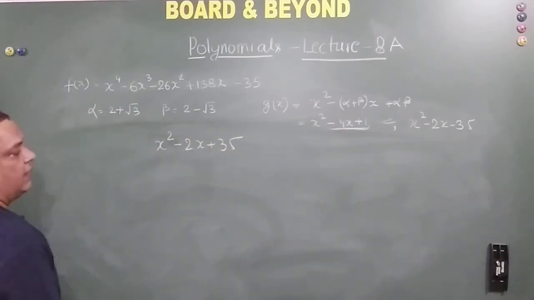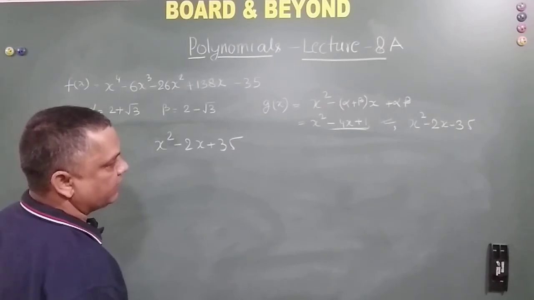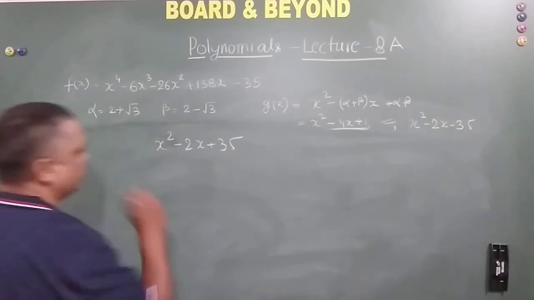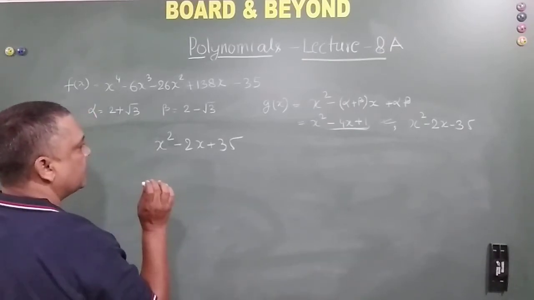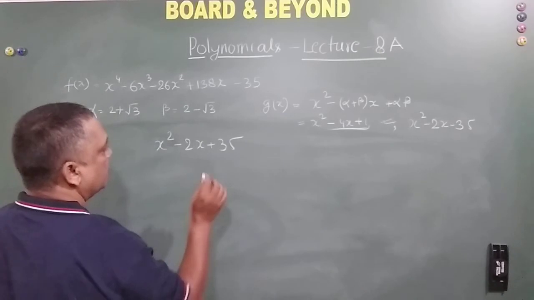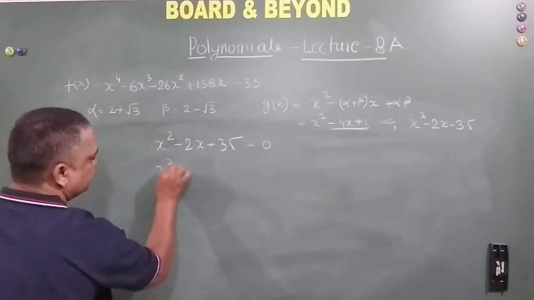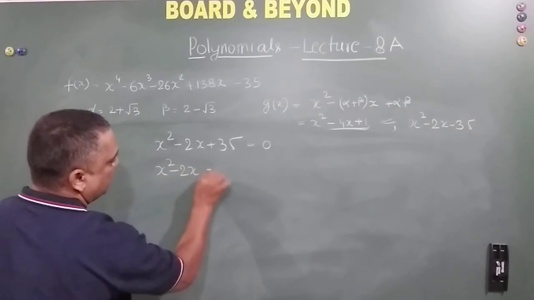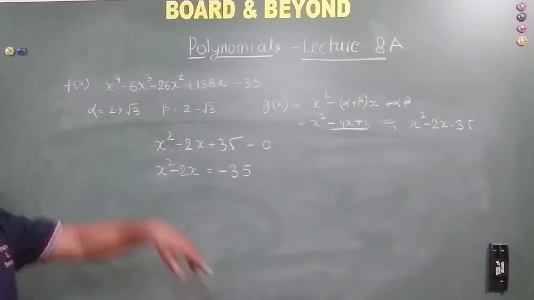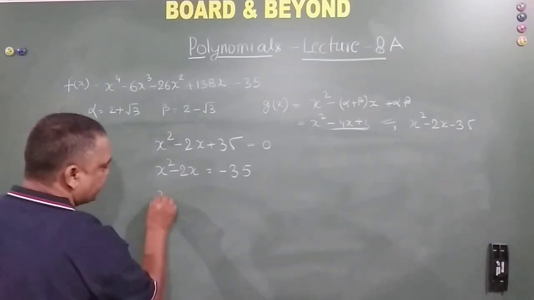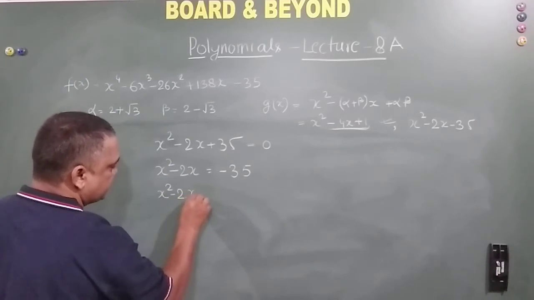Let's do one thing. We know that we are not able to factorize it here. I hope I have not made any mistake here. If I am not able to factorize it, let's equate it to 0 and move on. Minus 35, I am transposing it to the other side. This is of the form x square minus 2 into a, that is x, into b.